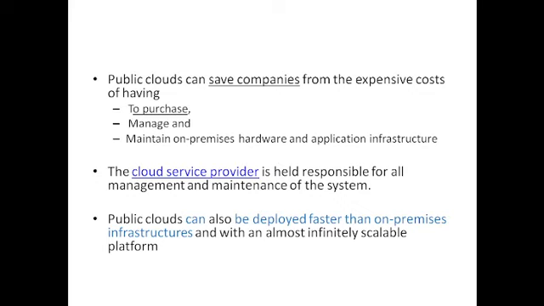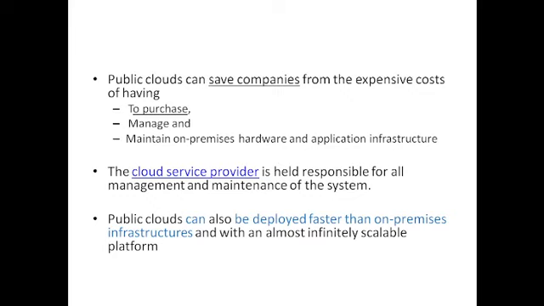Public cloud saves the company from expensive costs. It is cheap; actually, of all the four clouds, public cloud is said to be very cheap. It can save companies from the expensive cost of having to purchase, manage, and maintain.